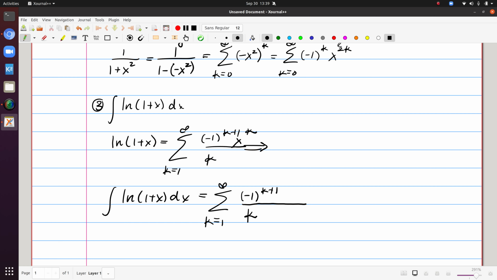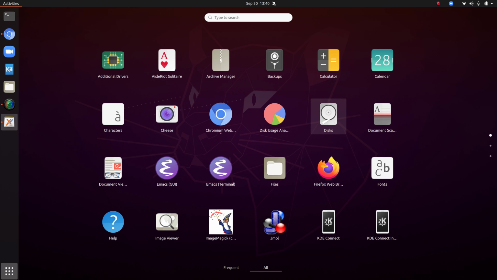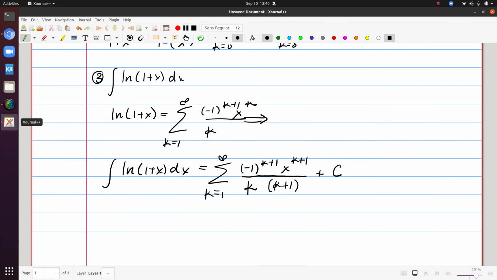Now I take the antiderivative of x to the k, giving me x to the k plus 1, and bringing a factor of k plus 1 down in the denominator as well. And then what I can finally do is yet again recognize that c here needs to be added on because I'm looking at the indefinite integral of a function.